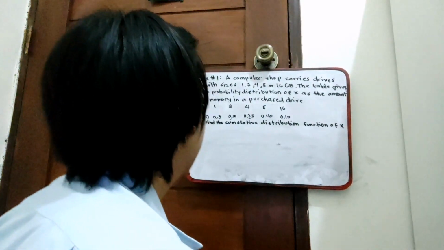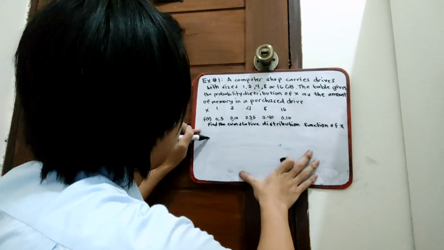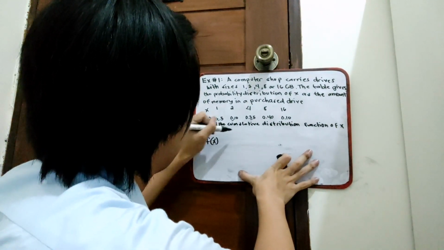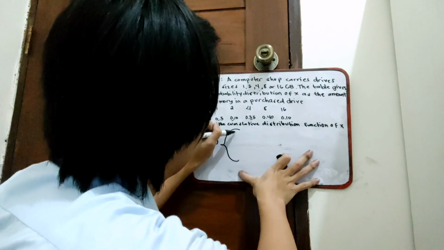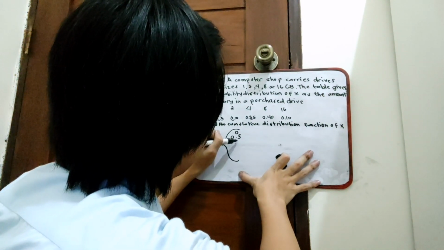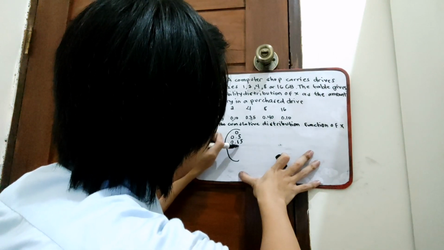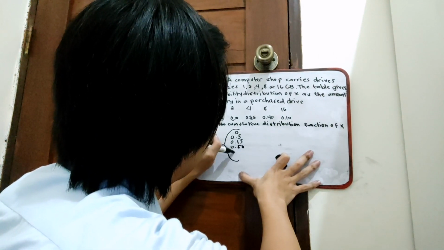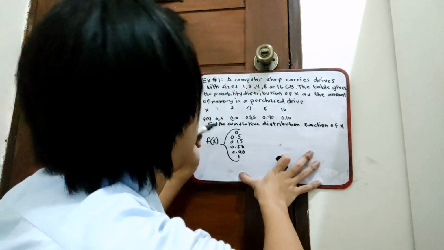And now with our CDF, this is how we are going to write it. F of X is 0, 0.5, 0.15, 0.50, 0.90, and 1.